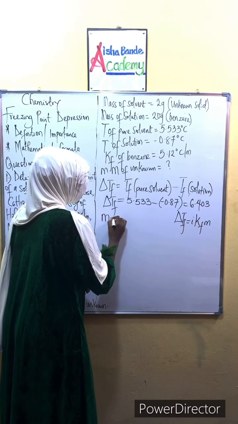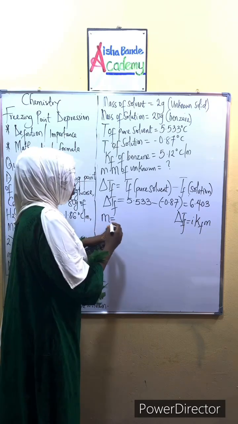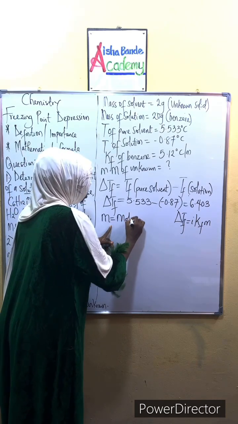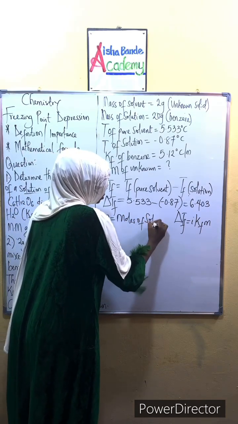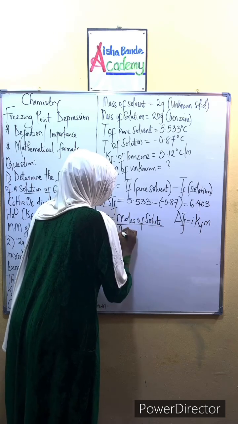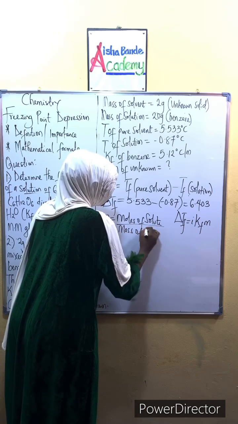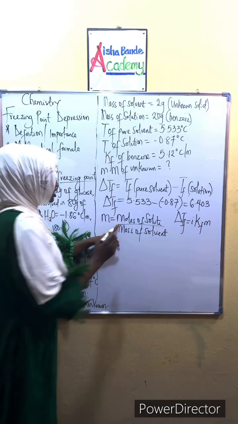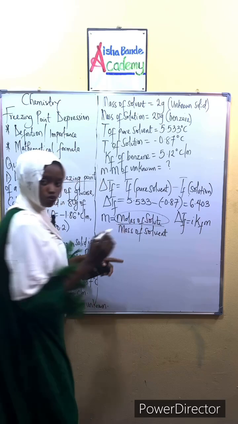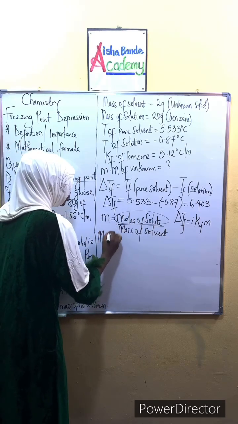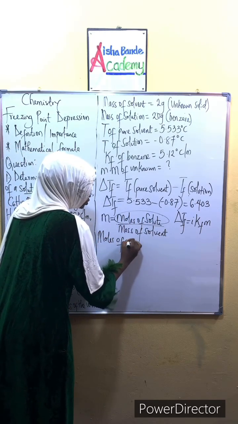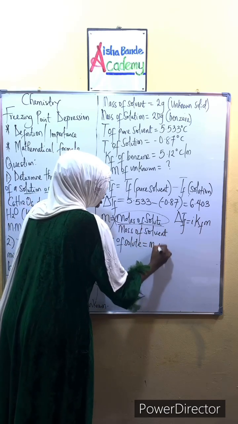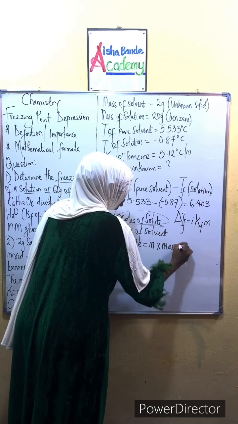Remember that the molality is equal to moles of solute over mass of solvent. What we are looking for now is the moles of solute. Making moles of solute the subject of the formula, when we cross multiply, moles of solute is equal to molality times the mass of solvent.